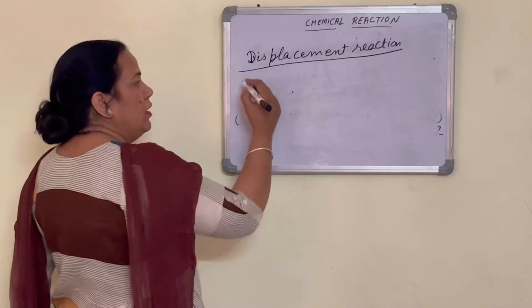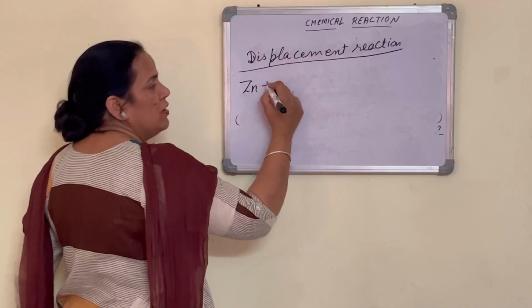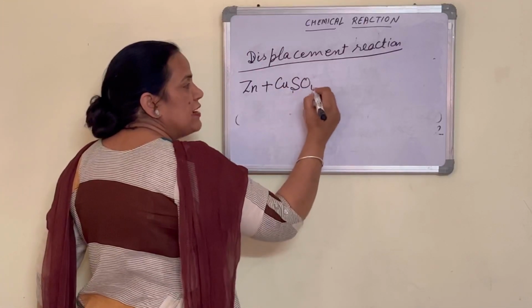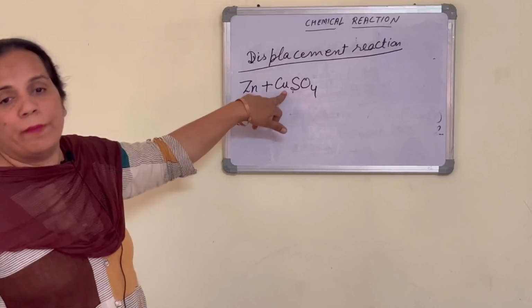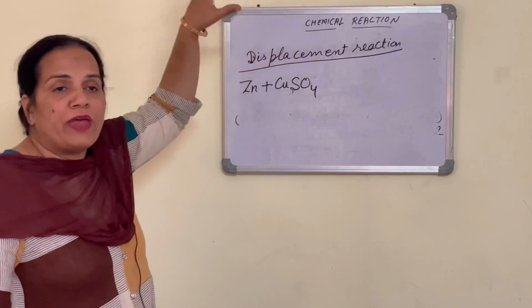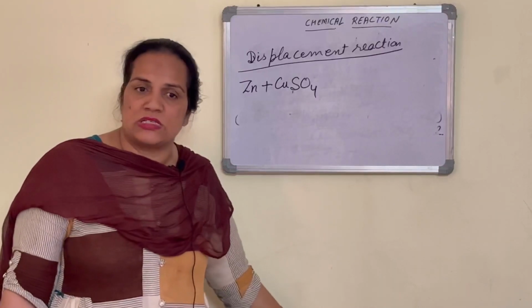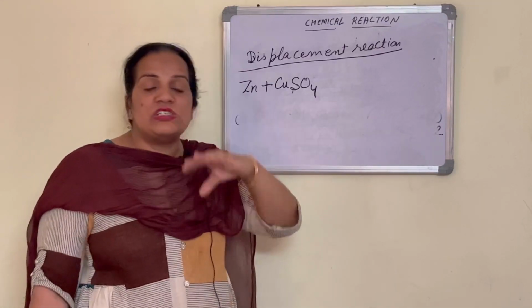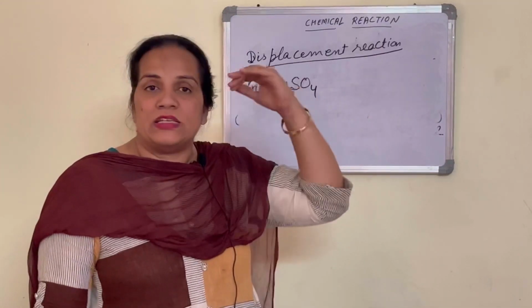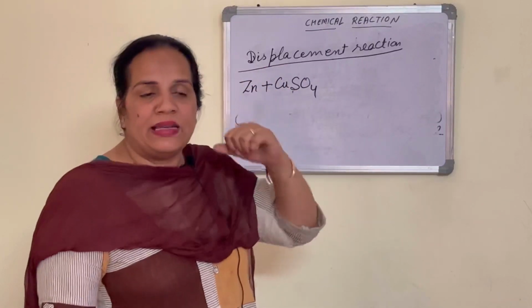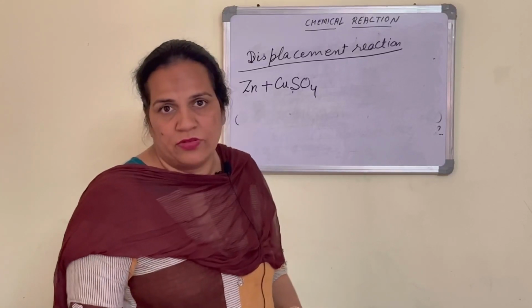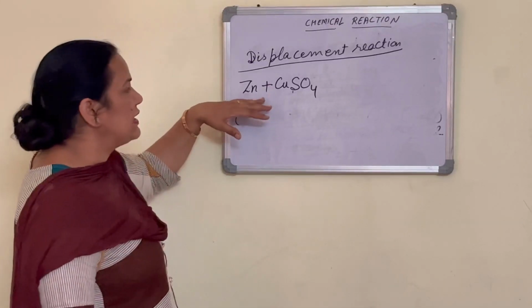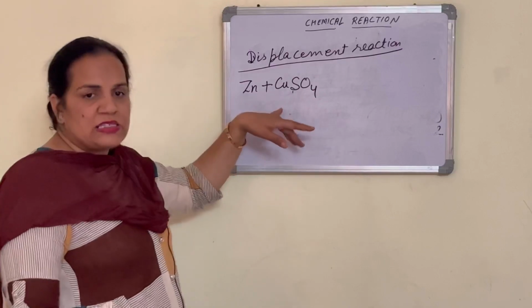For example, when zinc reacts with copper sulfate, zinc can replace the copper. From the activity series of metals, the metal at the top of the series is more reactive, and the metal at the lower end is less reactive. The more reactive metal can replace the less reactive metals.